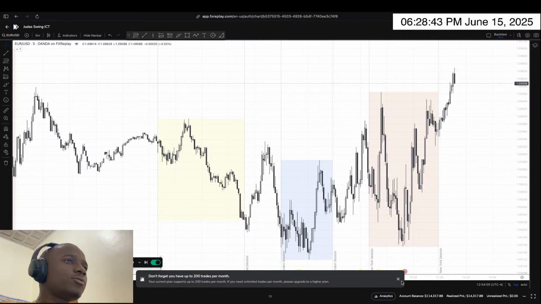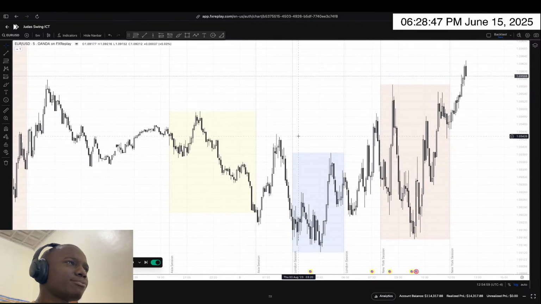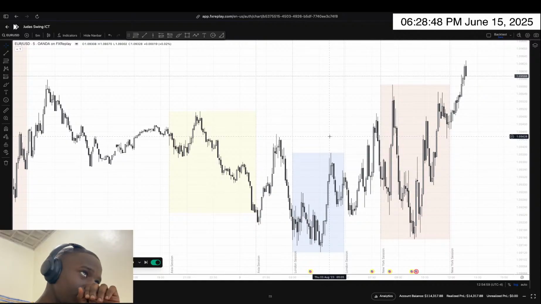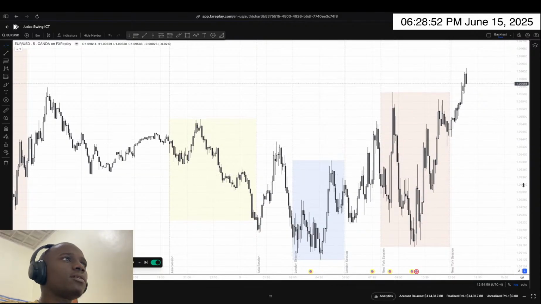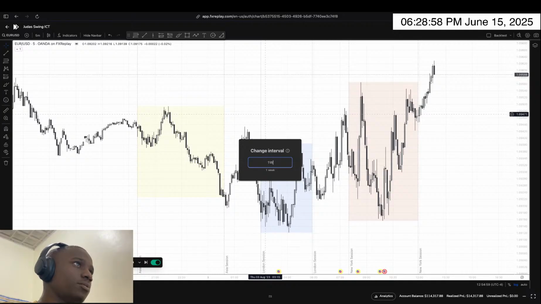Right, let me remove the drawings. Currently you can see that we were in some kind of uptrend, and now I'm going to go on the higher time frame, especially the weekly.